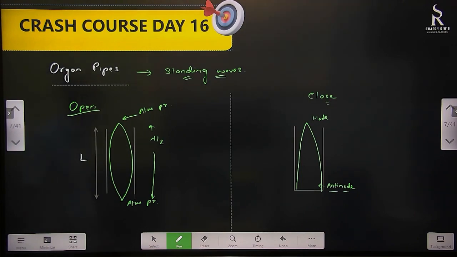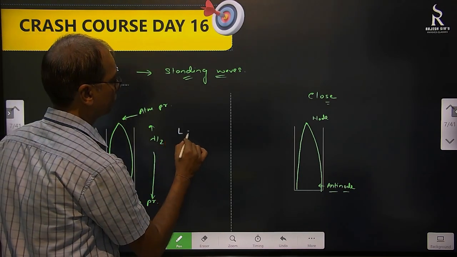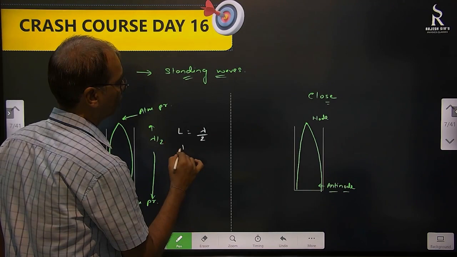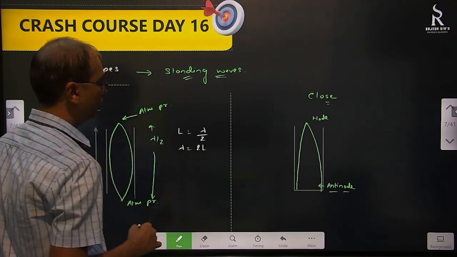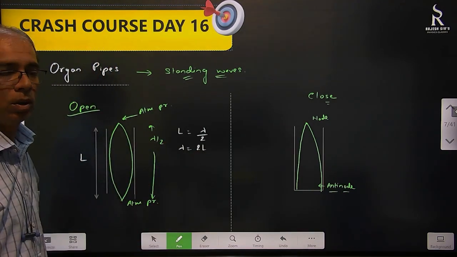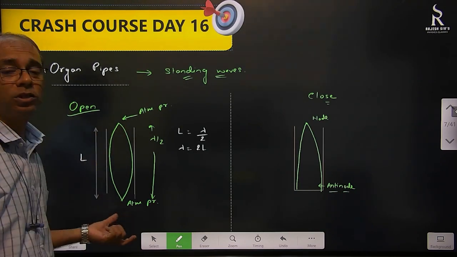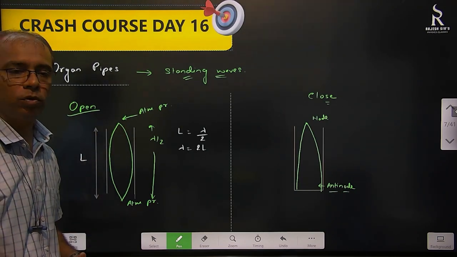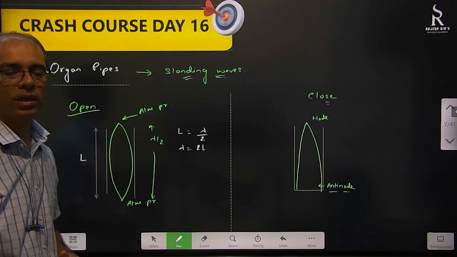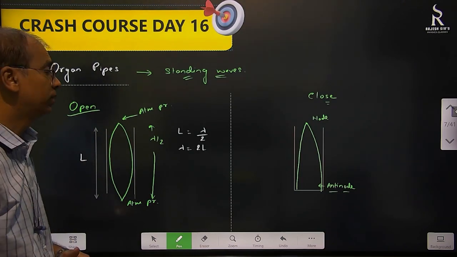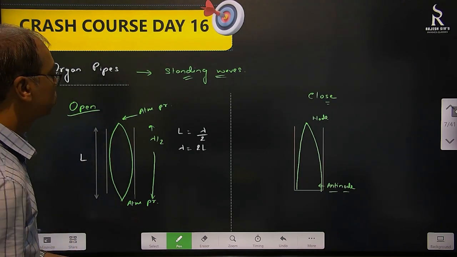L equal to lambda by 2, so lambda equal to 2L. Organ pipe means a musical instrument. Flute is an example of this. We can understand flute in a better way. So lambda equal to 2L.